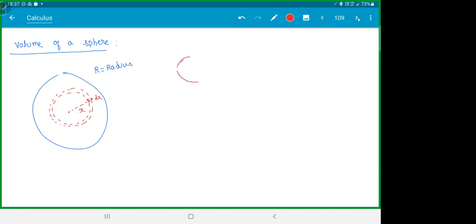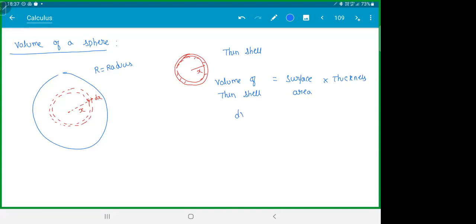So what you have is a thin shell. The volume of a thin shell will be surface area into thickness. Does that make sense, everyone? Surface area into thickness will give you volume.